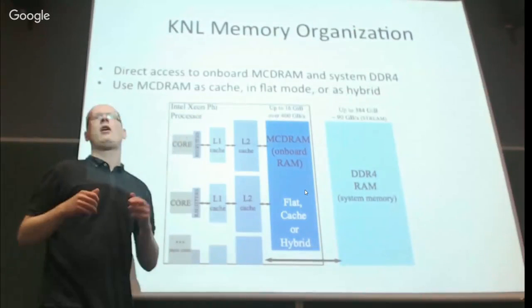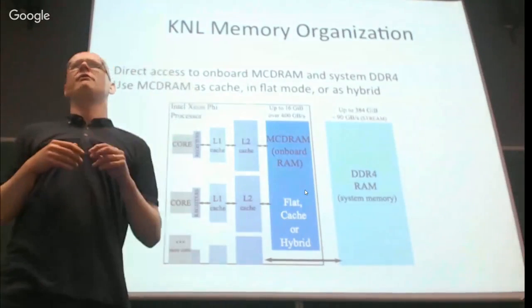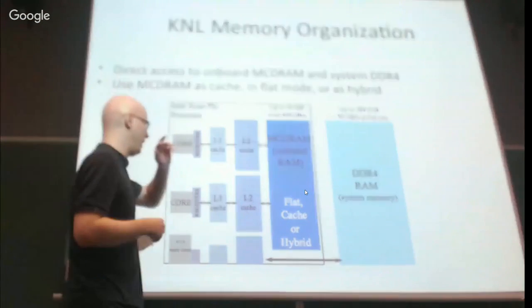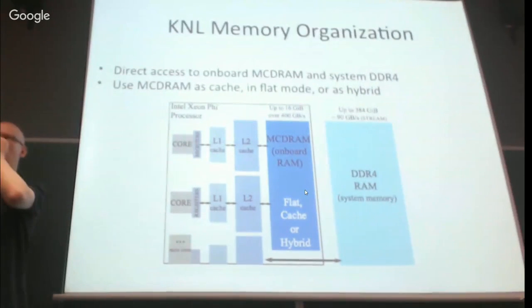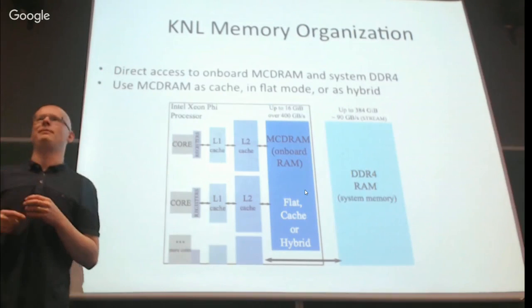Or you can use it in hybrid mode, so you can divvy up your MCDRAM so that part of it is in cache mode and some of it is in flat mode. I've only ever used it in flat mode, and the nice thing about flat mode is that you tell the hardware, the runtime, the compiler, which objects you want in MCDRAM.